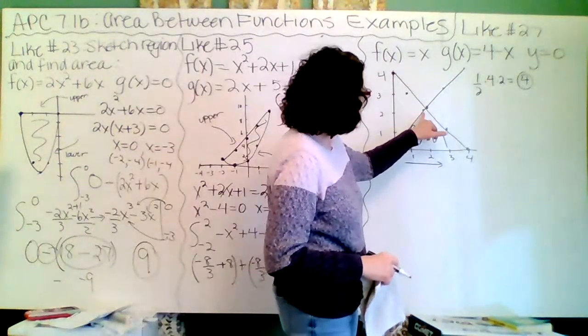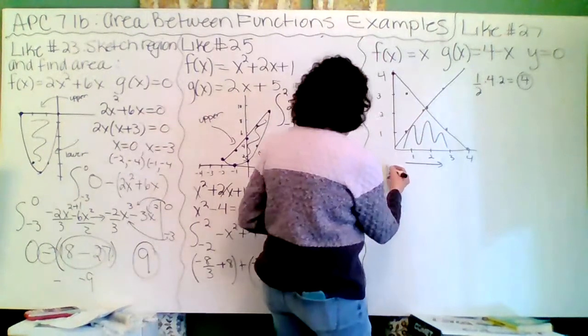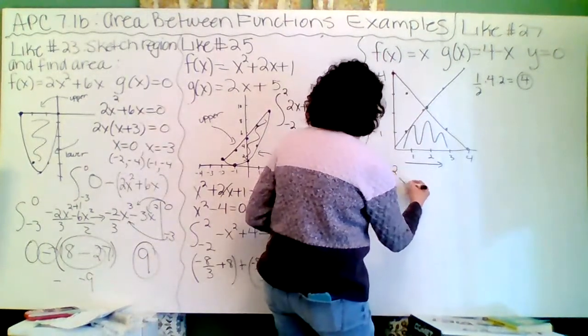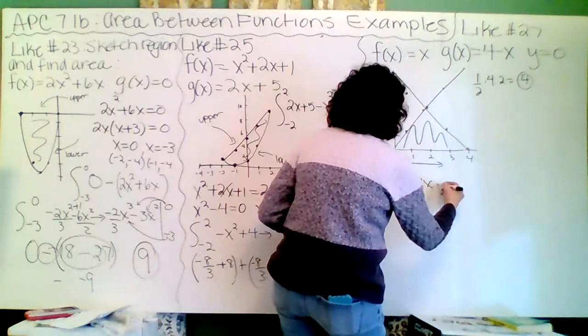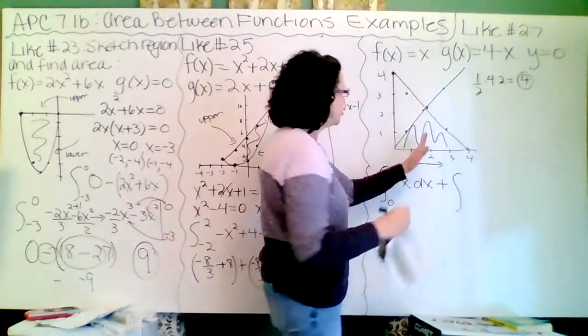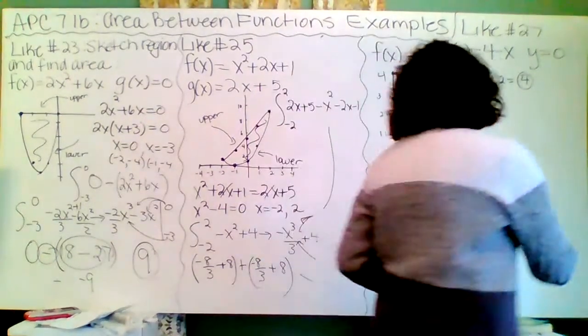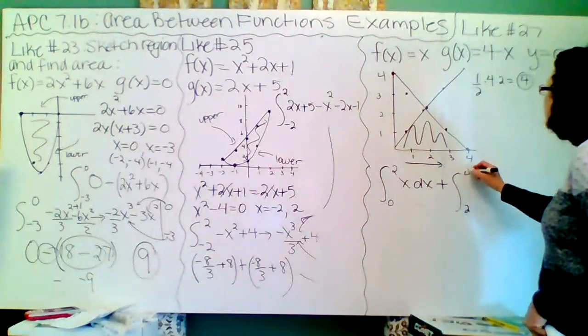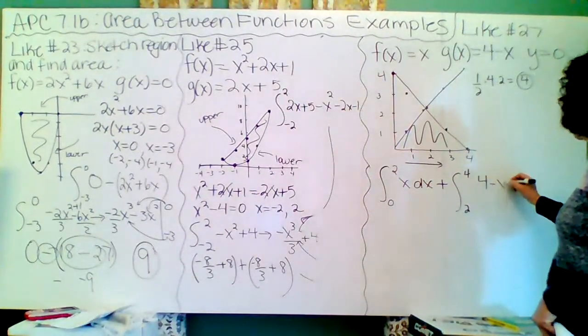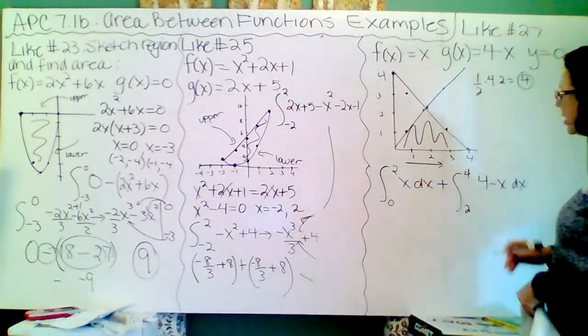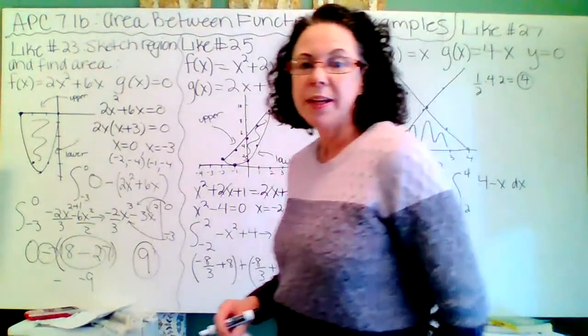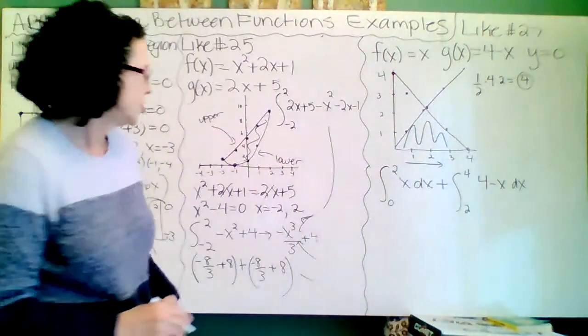From 0 to 2, the upper function is the y equals x line. Plus, then from 2 to 4, the upper function is the 4 minus x line. Right? So we had to write 2 integrals because the upper and the lower function changed.